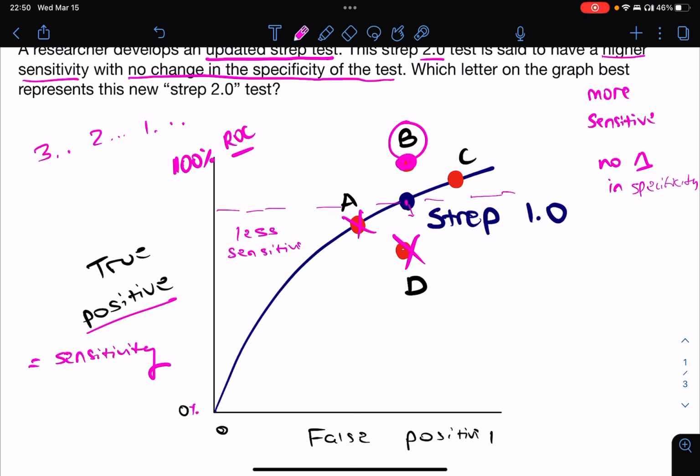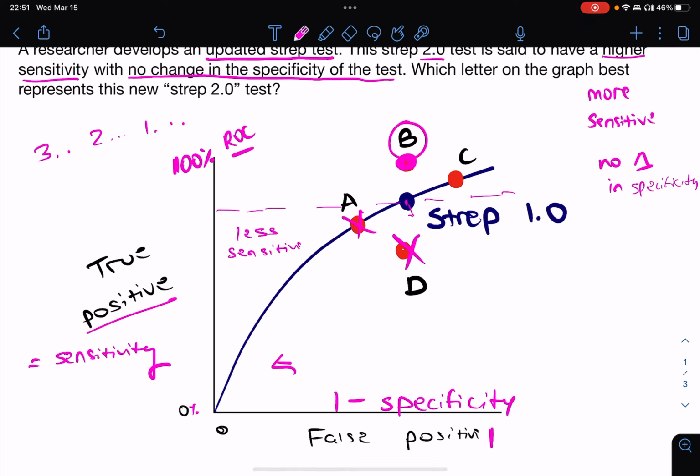Well, C kind of changes on this x-axis. And if you recall here, our x-axis is false positives. A different way of saying false positives is 1 minus specificity. And so as specificity goes to 0, we end up at 1 on this side.